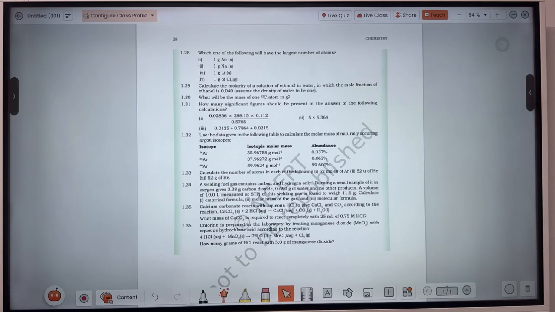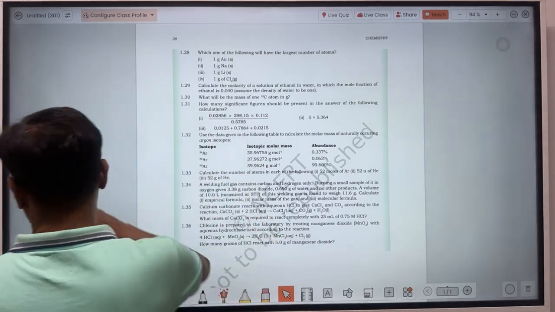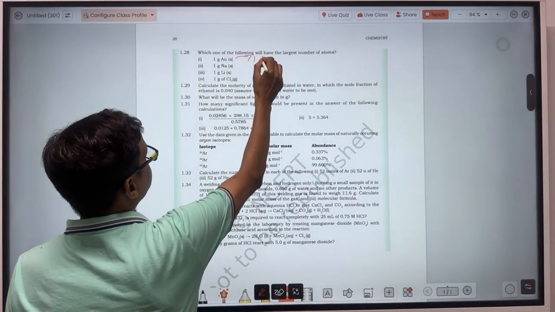Now let's see. Watch out here. There is gold. Yes, Au is gold, atomic weight 197.